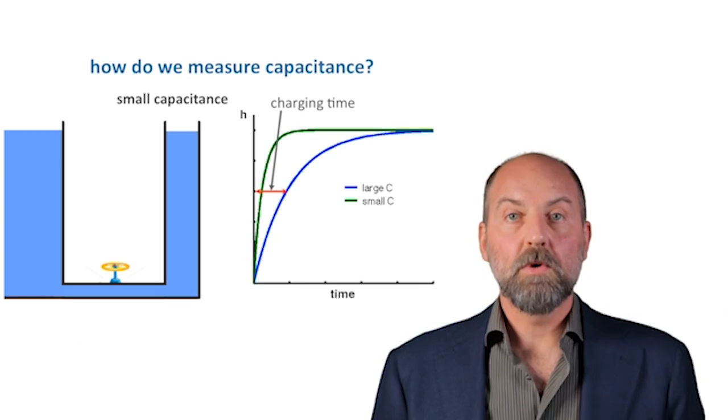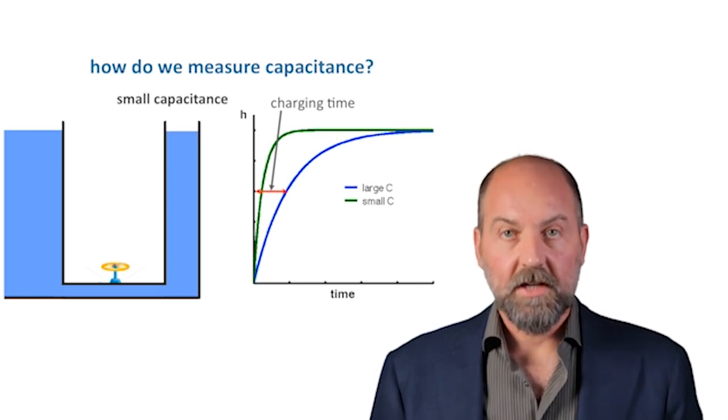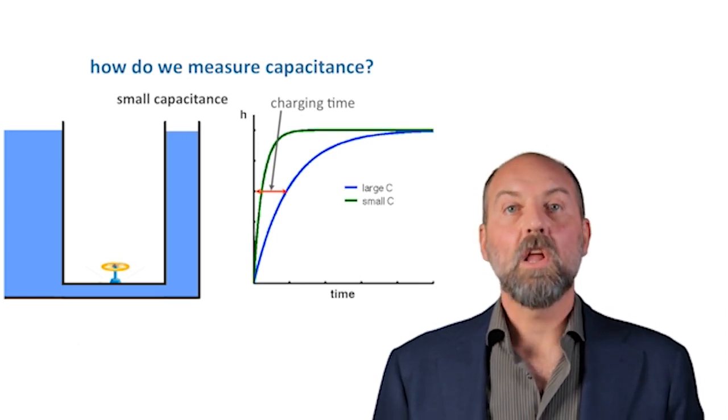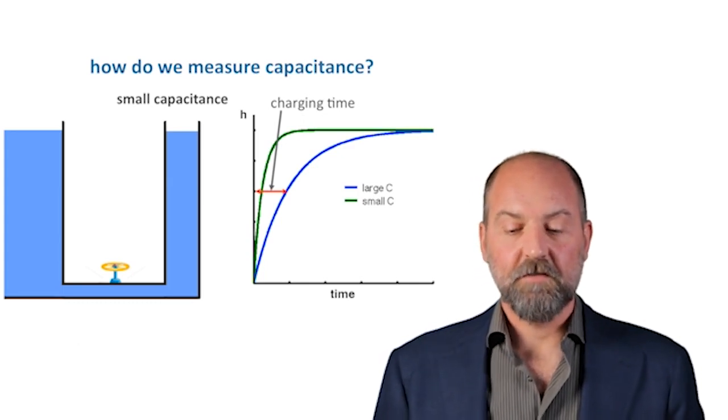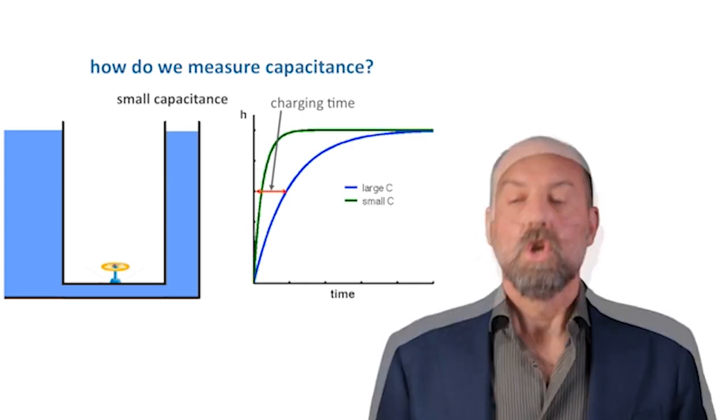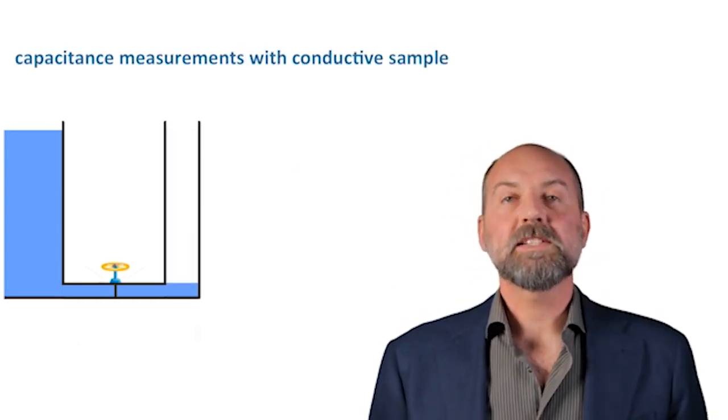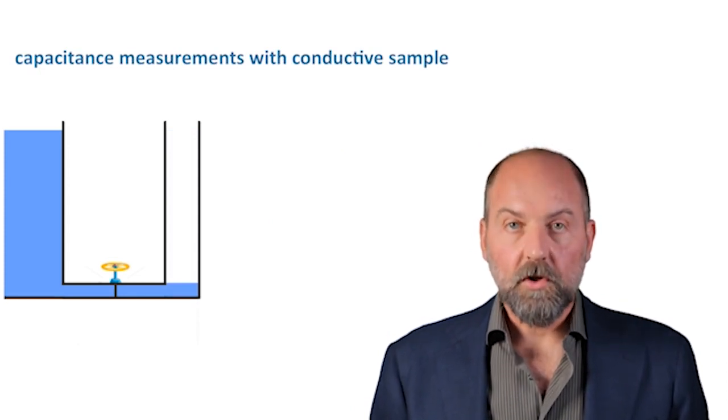And in doing so, we will recognize that the larger the capacitance, the longer it takes for the tank to fill up. So what happens when our sample is also conductive?